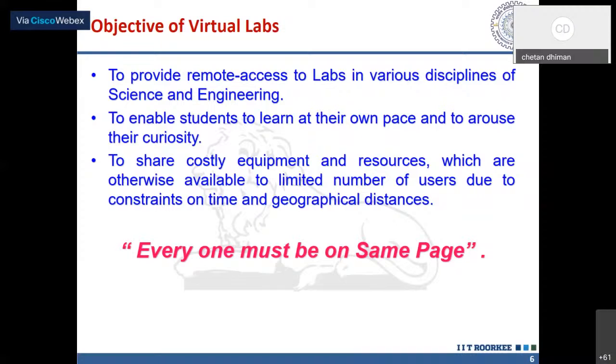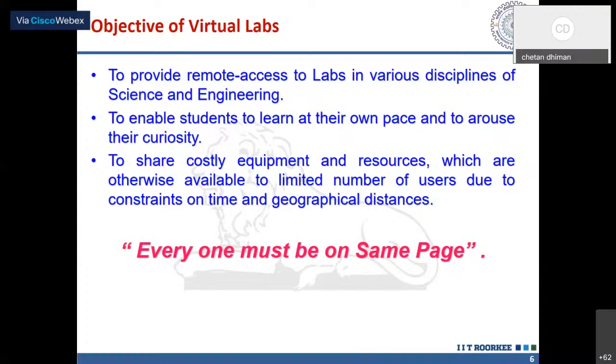When we develop and overcome all these problems and achieve all the objectives of our virtual lab, then we will see that every user who comes on virtual lab is on the same page. It means everyone must be on the same page.